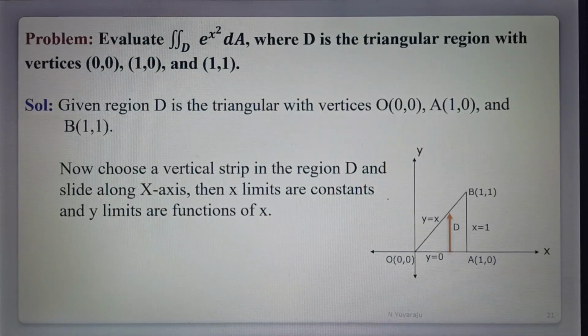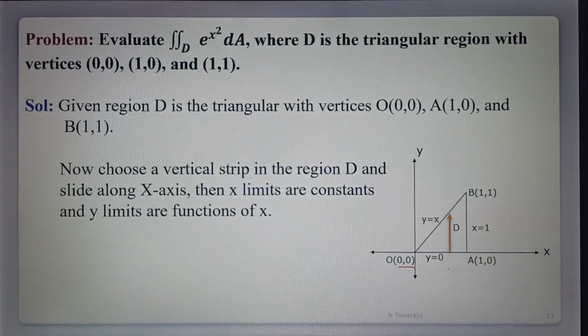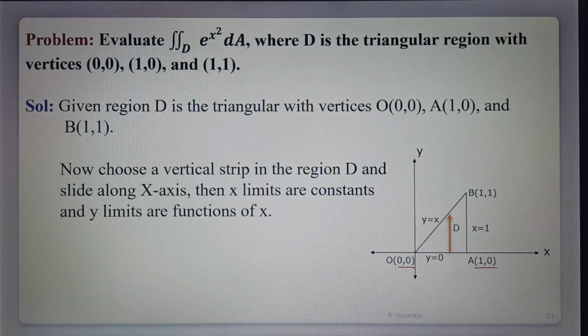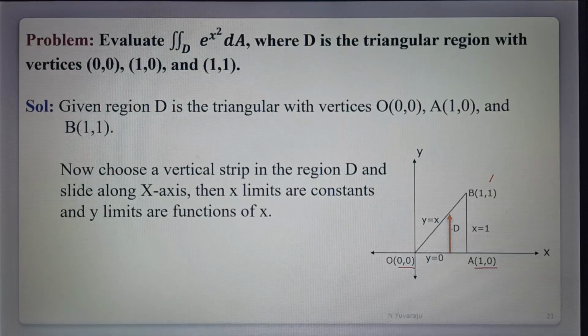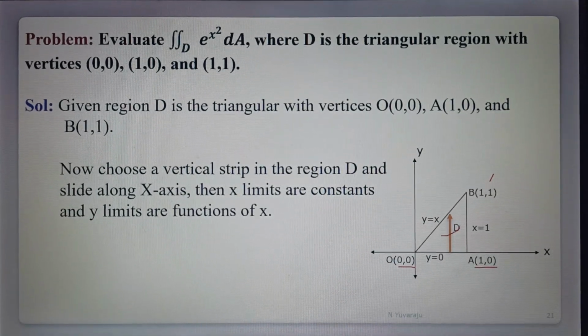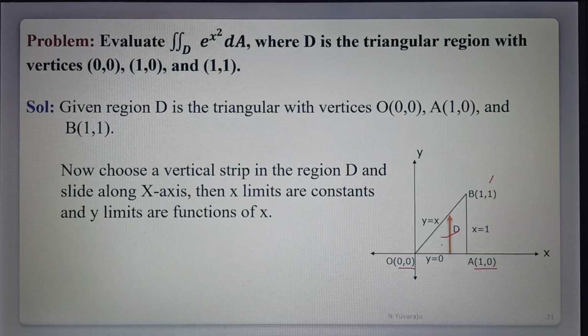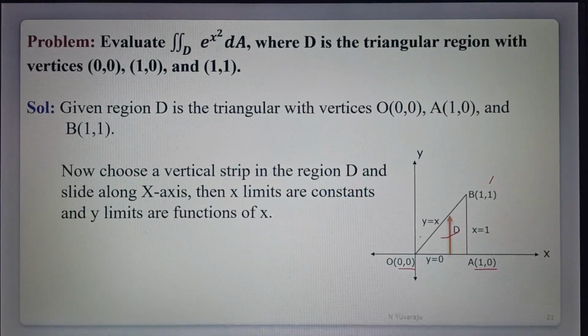See the graph here. This is the first vertex 0, 0, the second vertex 1, 0, and the third vertex 1, 1. See, this is the triangular region, this is the given region D. The boundaries of this region are the x-axis, y is equal 0, and the line x is equal 1. The line OB passes through the origin and the point 1, 1, so that is the line y is equal to x.